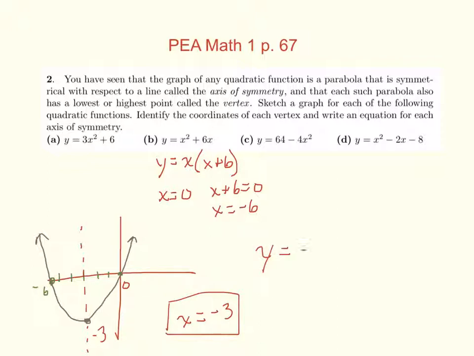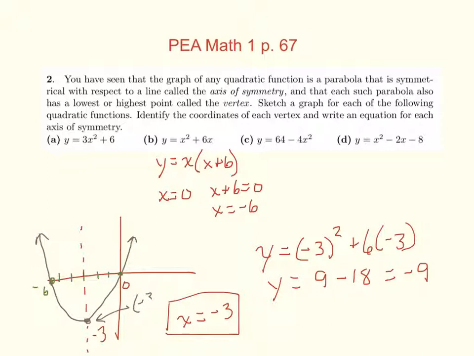Y equals -3 squared plus 6 times -3. Y equals 9 minus 18, which is -9. So that means that this vertex here would be at -3 comma -9. That is your vertex. Oops, we put parentheses around it.